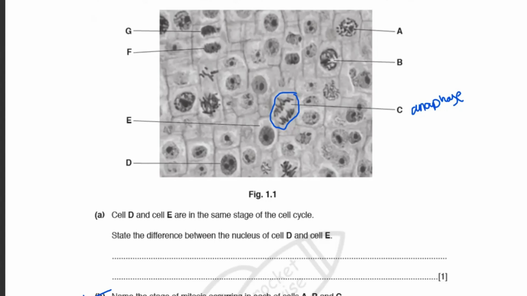But you need to identify which one of the diagrams you think is an early stage or a late stage. Is this an early stage or is this a late stage? A is the early stage. Early stage of prophase.